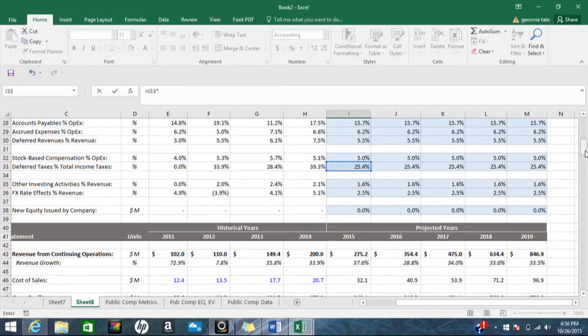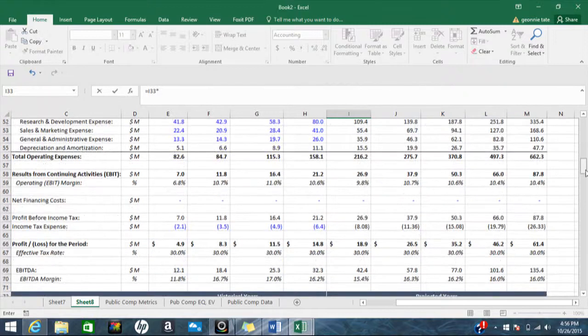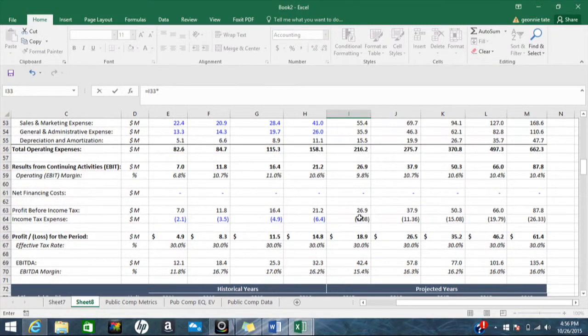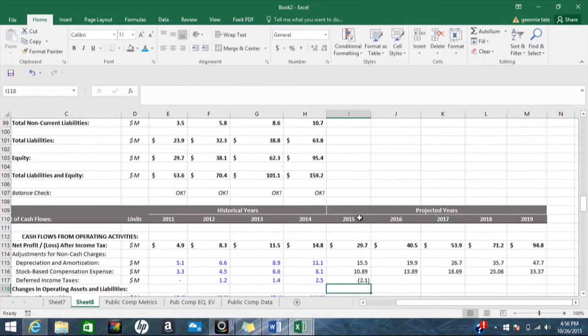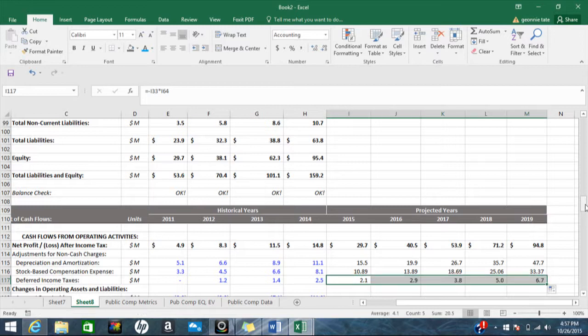Multiply it by the total income taxes, which is here. And that needs to be a positive number, so I'm going to flip this sign here. Put a negative in front of it. I'm going to copy this number over.